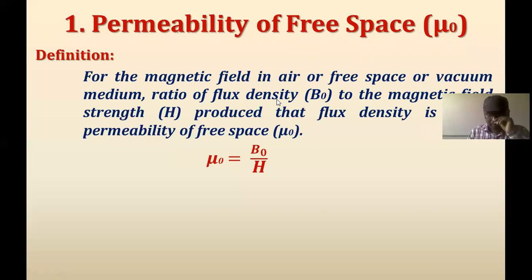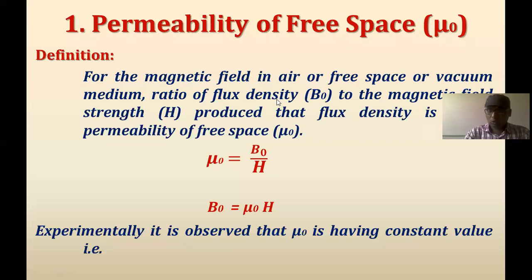Experimentally it is observed that the permeability of a free space has a constant value, and we can write B naught equals mu naught into H. This constant value is 4 pi into 10 raised to minus 7, and the unit is Henry per meter. So you have to remember that value.